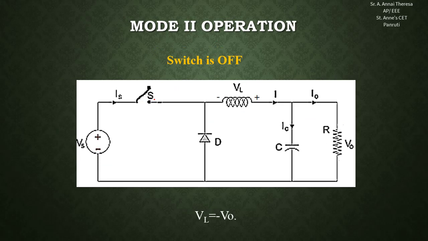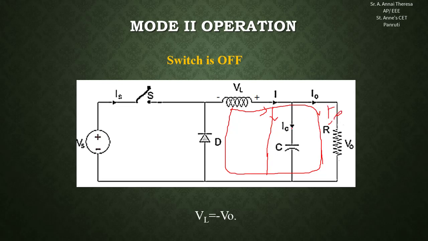Now the switch is off. Now the inductor will discharge its energy through this capacitor and through the load. The path will be like this. This will be the current through the capacitor, IC, and this will be the current through the load, that is I0.